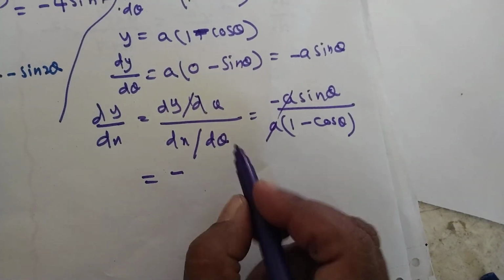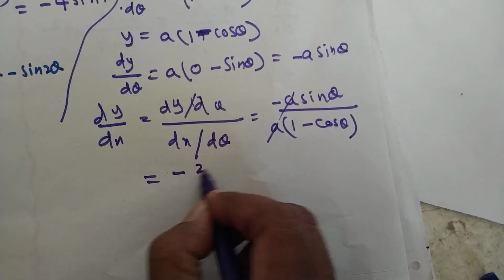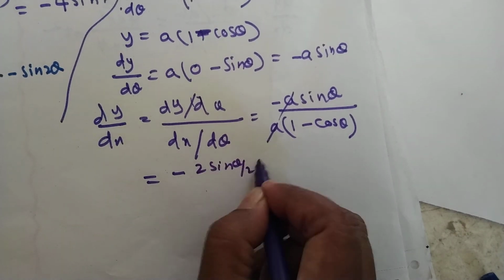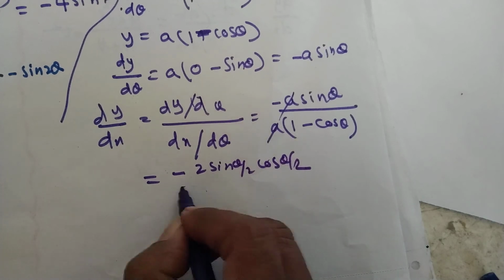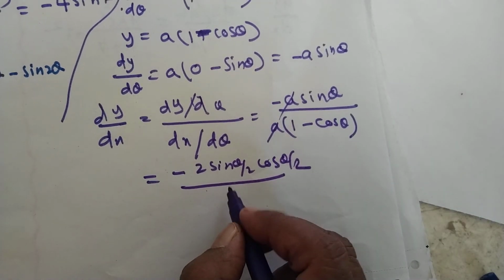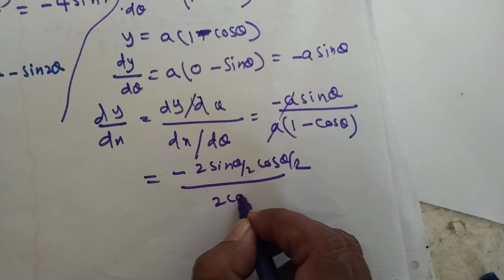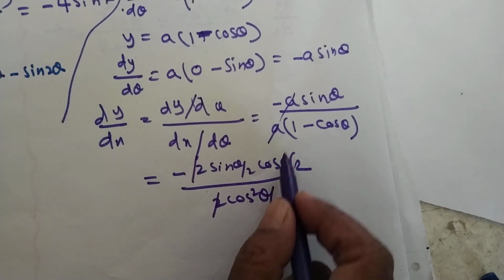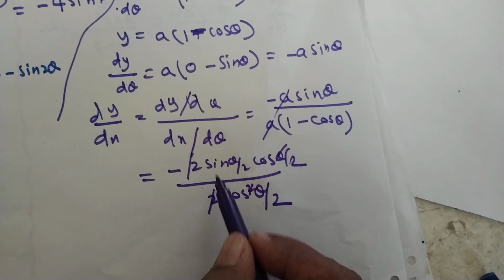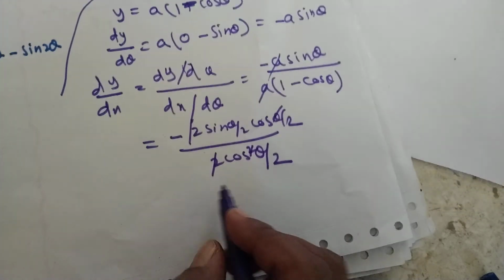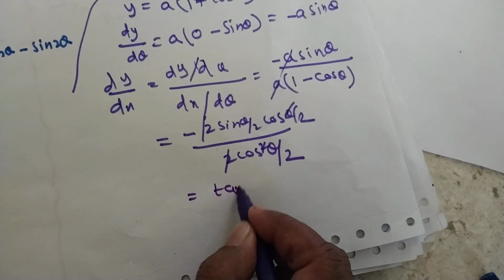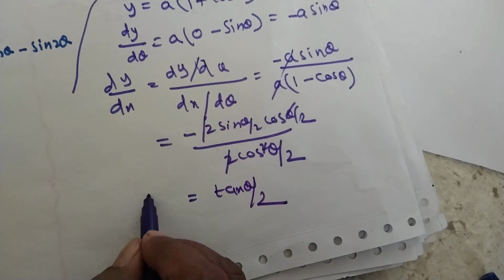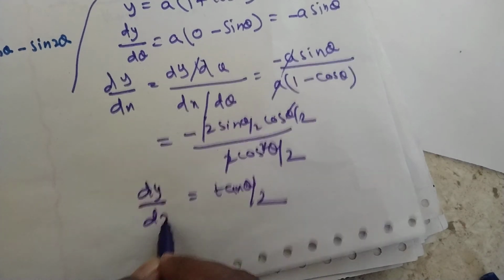Sin theta in terms of half angle is 2 sin theta by 2 cos theta by 2, and 1 minus cos theta is 2 cos square theta by 2. So 2 will get cancelled, one cos theta by 2 will cancel. So sin theta by 2 divided by cos theta by 2 is tan theta by 2. Our answer is tan theta by 2.